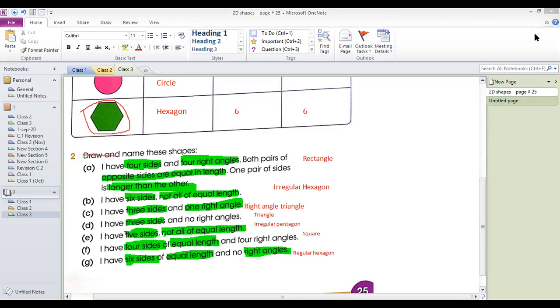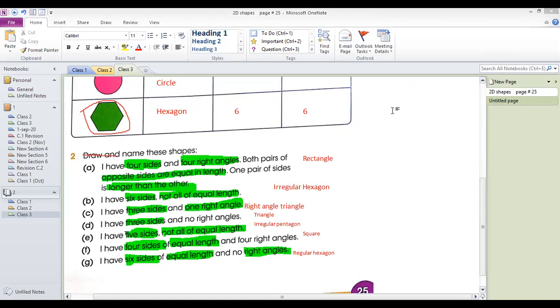Now I'm going to tell you about 3D shapes. 3D shapes are the shapes which have three dimensions, its length, its width, and its depth also. So in 3D shapes, there will be three dimensions.